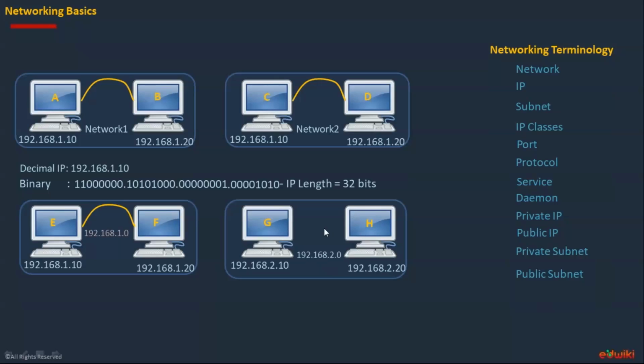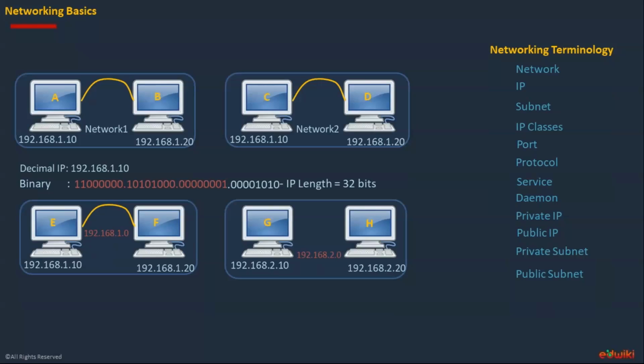The other scenario you see here, G and H, these two systems are in the network ID called 192.168.2.0. Just to repeat my statement one more time: E and F are the two servers which belong to the 192.168.1.0 network. G and H belong to the 192.168.2.0 network. Are we good with this statement?